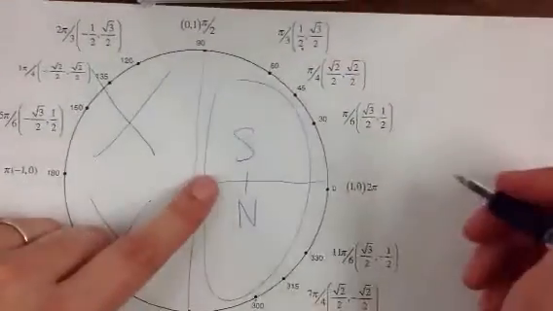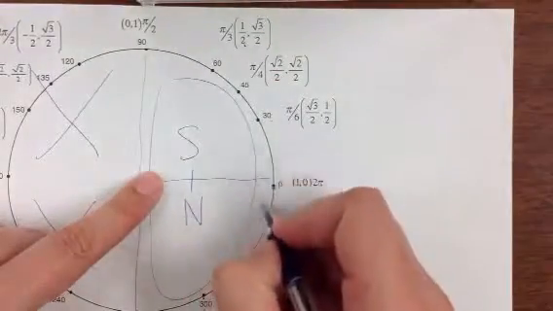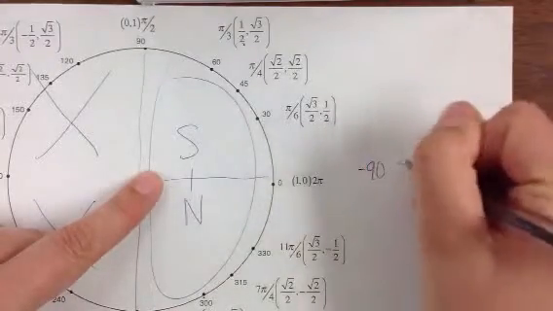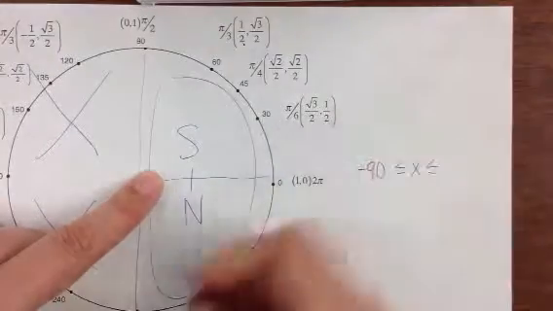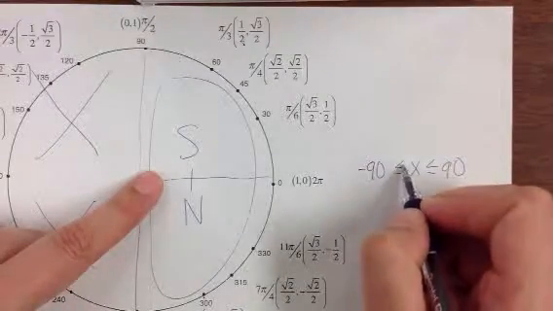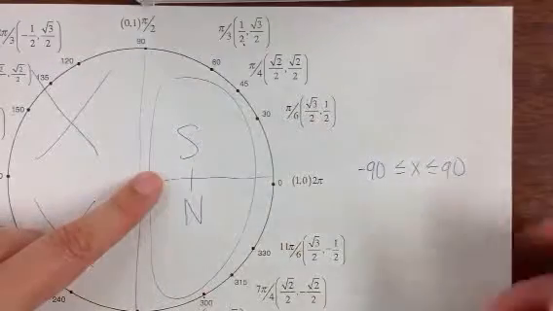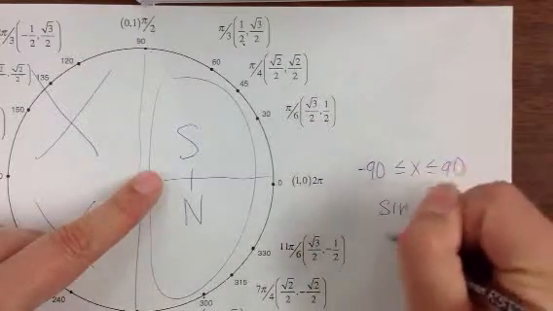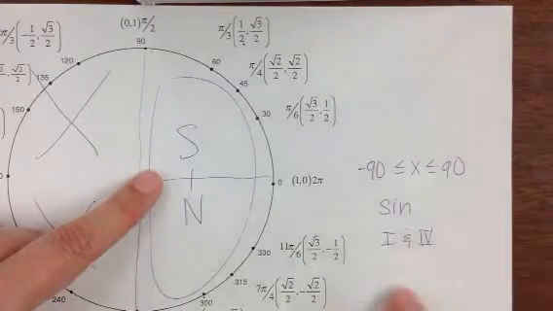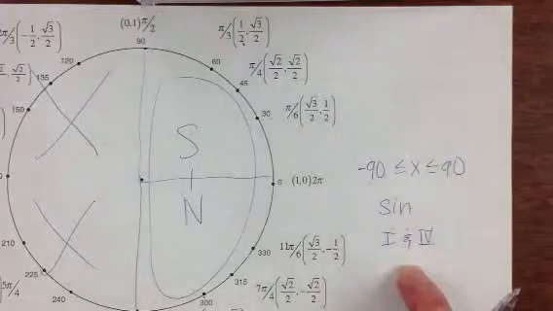So sine is restricted between, if we take clockwise, I call this negative 90, all the way up to 90. So all numbers greater than or equal to negative 90 and less than or equal to 90. Sine is going to be restricted to the first and the fourth quadrant.